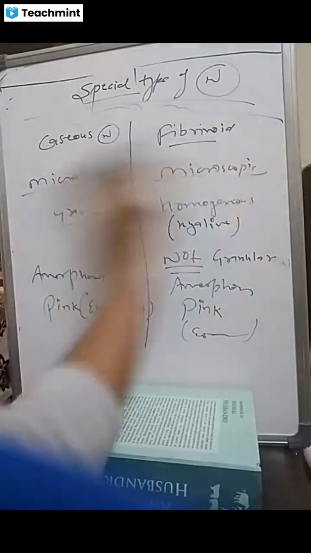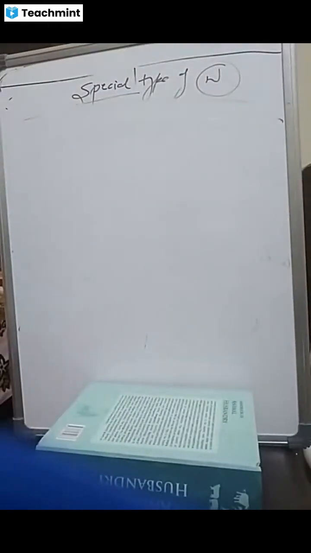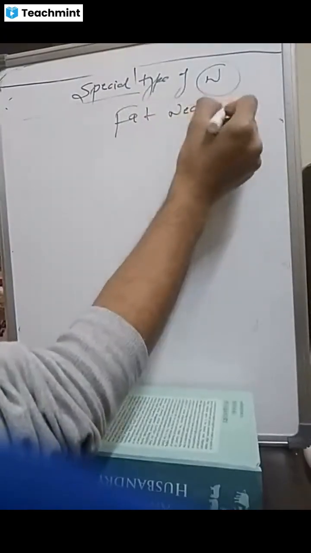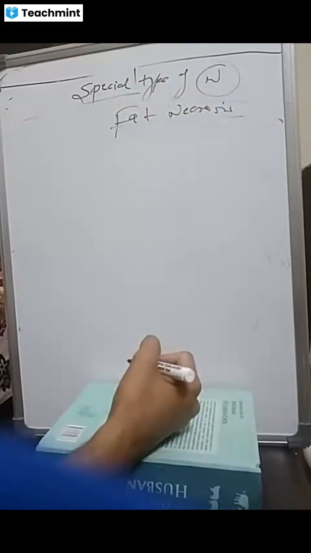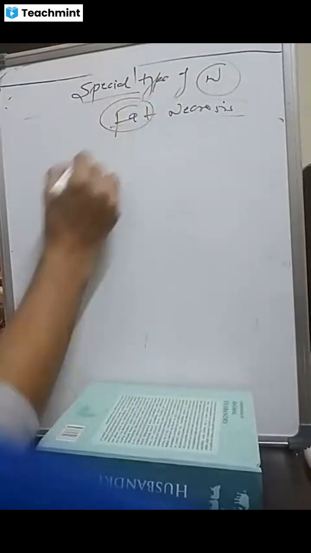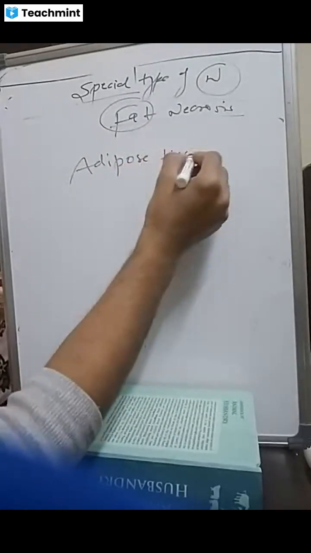Next special type of necrosis is the fat necrosis. Fat means adipose tissue.